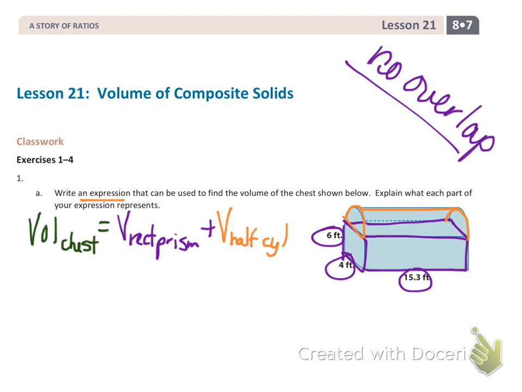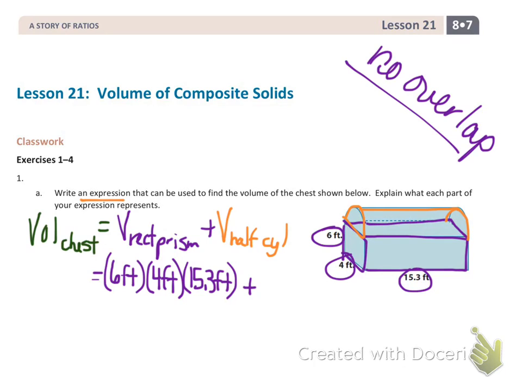Okay, so we get those two parts. Now we can begin to fill in the parts of our expression. The volume of our rectangular prism is going to be 6 feet times 4 feet times 15.3 feet. And you can see that's going to be feet cubed because it's feet times feet times feet.